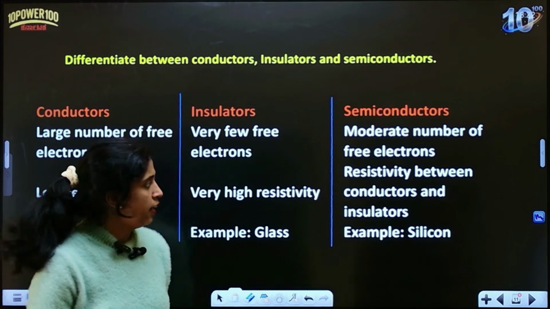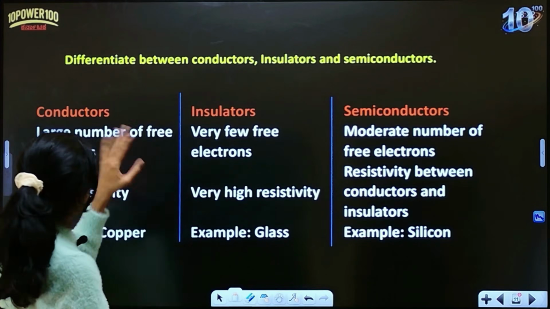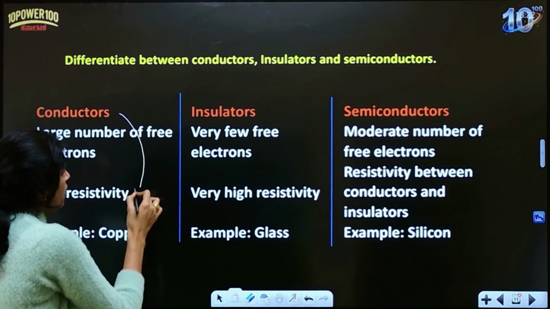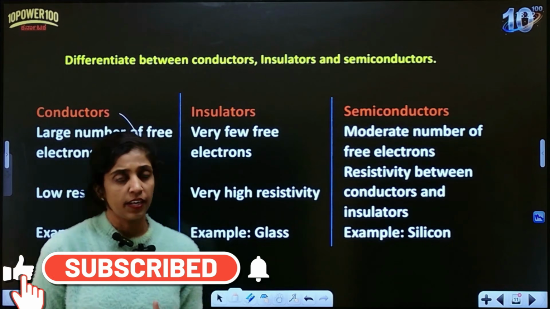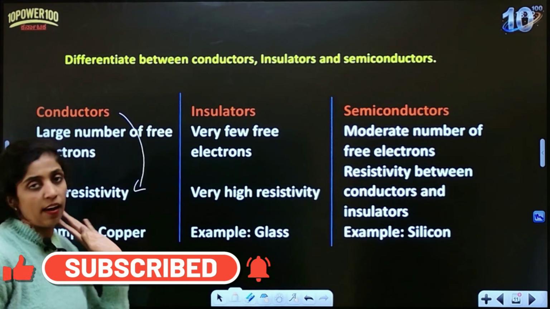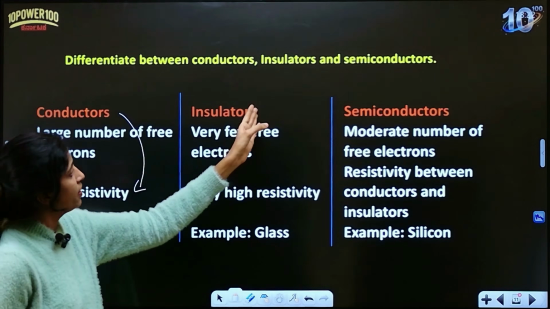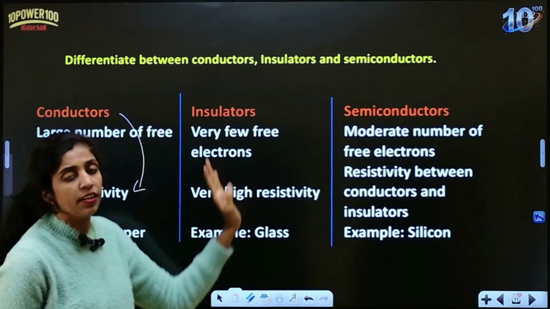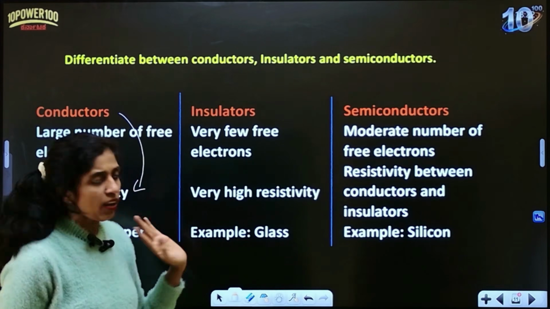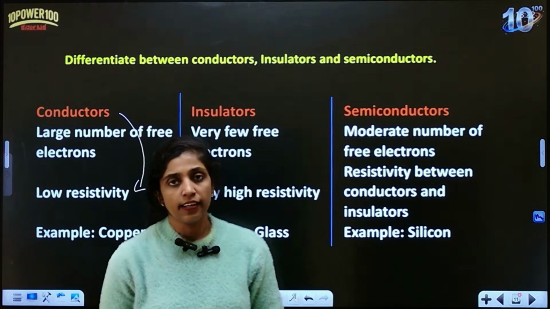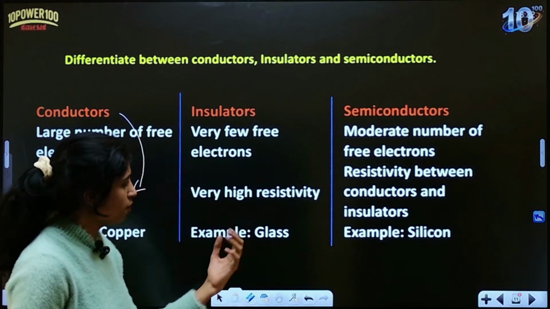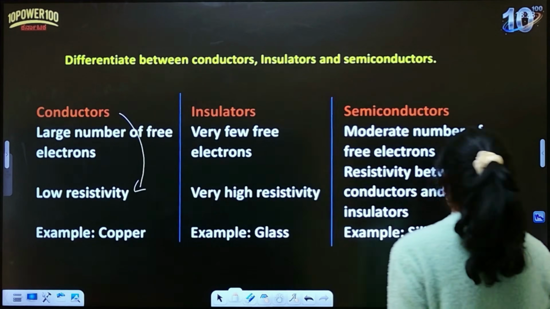Since conductors have high conductivity, they have less resistivity, where we know that conductivity is the reciprocal of resistivity. If it has less conductivity, then it will have a high resistivity. But for semiconductors, resistivity will lie in between conductors and insulators. This you have learnt in your lower classes also.